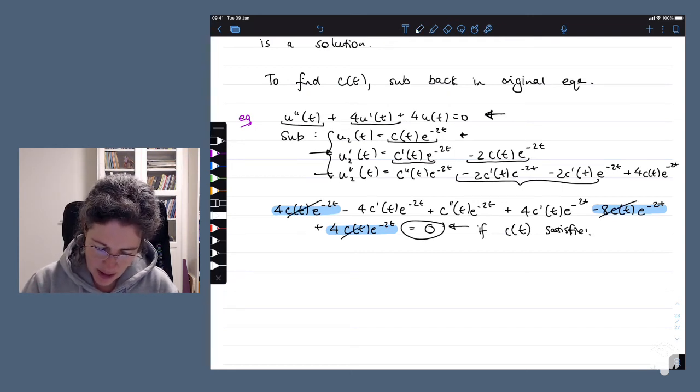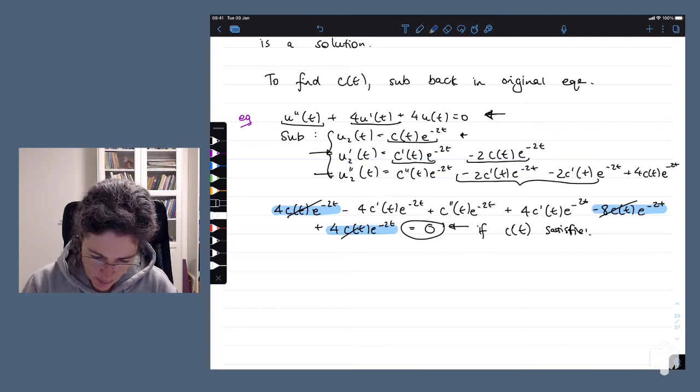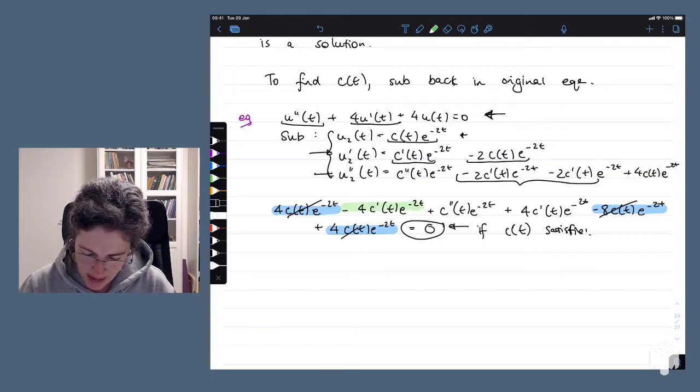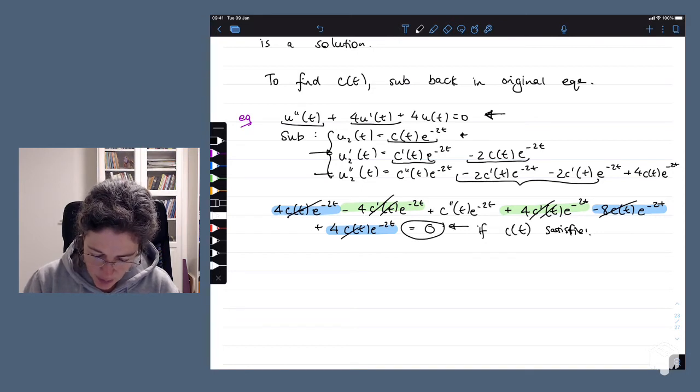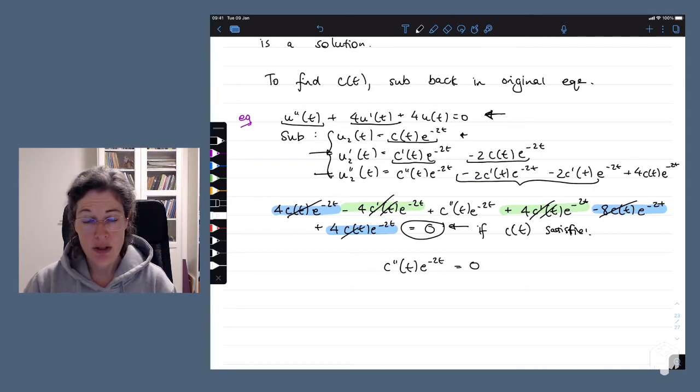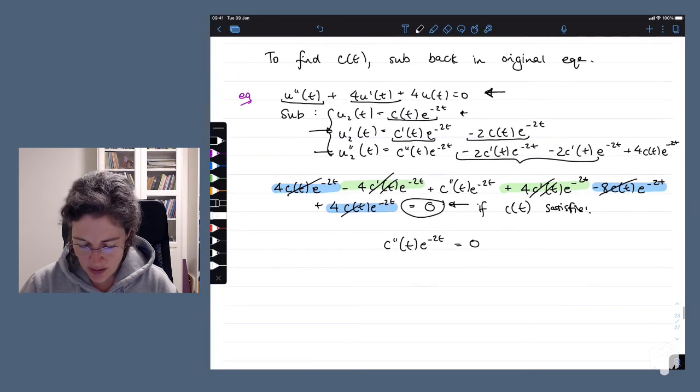So we don't have any terms that just involve c of t. And then if you look a little bit further at our first derivatives, we've got a minus 4c prime of t, and we've got a plus 4c prime of t, so those cancel as well. And so finally we're left with an equation which looks like this. c double prime of t e to the minus 2t has to be equal to 0. So that's great. Okay, that's a lot simpler.